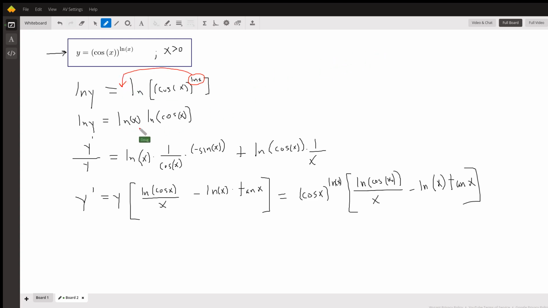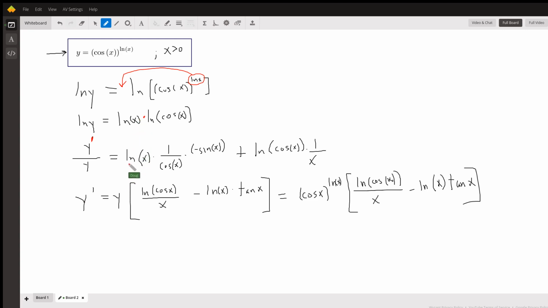So that's what happened in step 2 here. And now we can take the derivative implicitly using the product rule on the right. So the derivative of ln of y is 1 over y times y prime. And what we'll end up doing is multiplying both sides by y to isolate the y prime.